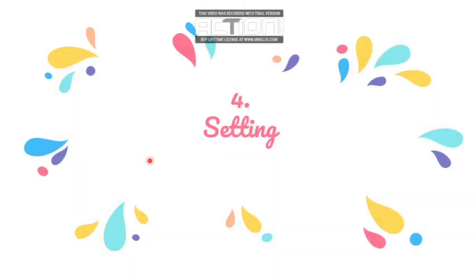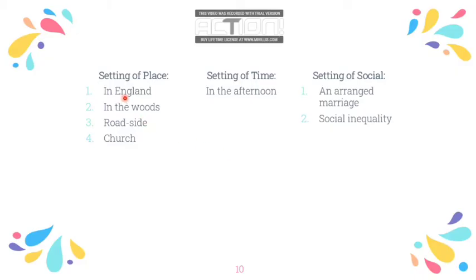Okay, the next is setting. In this story, there are three settings: setting of place, setting of time, and setting of social. The first I will explain is the setting of place.